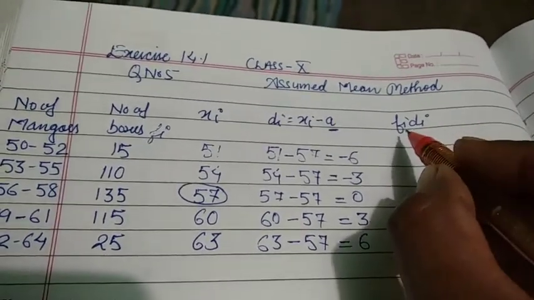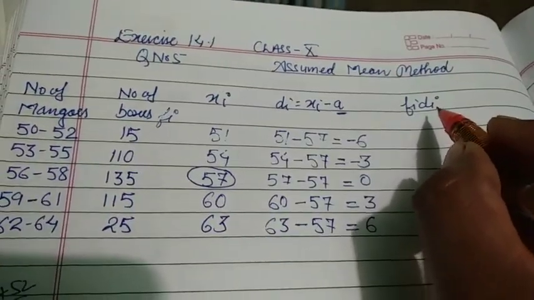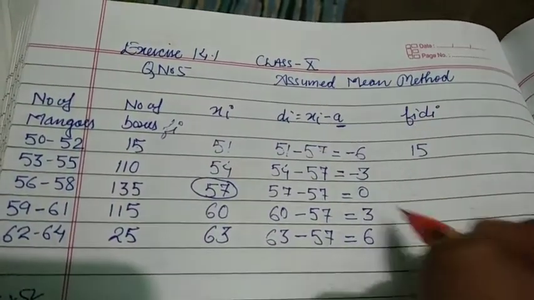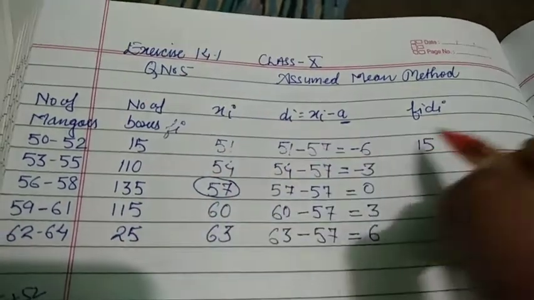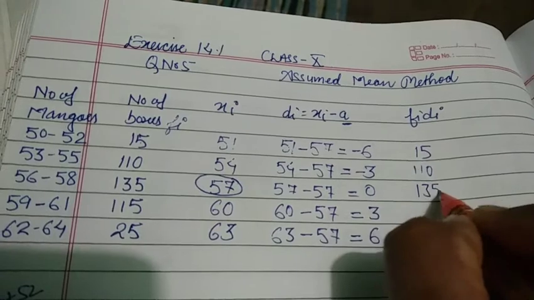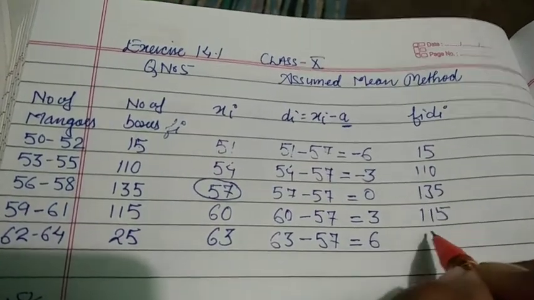So now let us find out Fi di. Fi is 15 here, or simply write all these terms from this: 15, 110, 135, so that you don't get any confusion here, and 25.